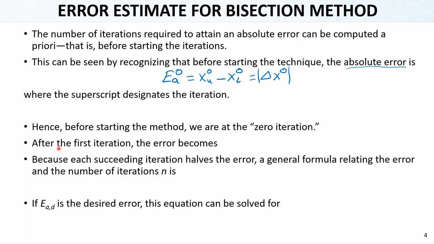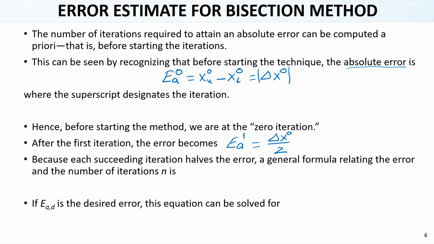After the first iteration, the error becomes half of this, because we are always halving the bracket. The delta is the bracket, and we are halving it. That's why at the first iteration, EA1 is equivalent to delta x0 divided by 2.